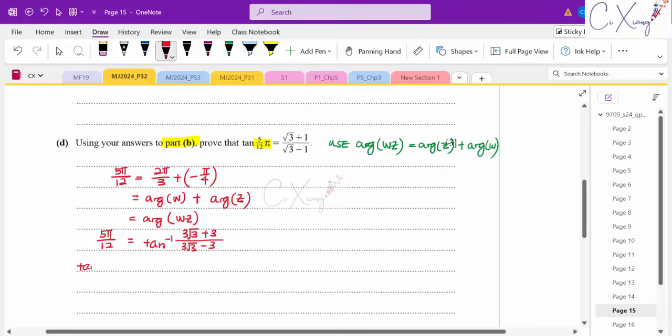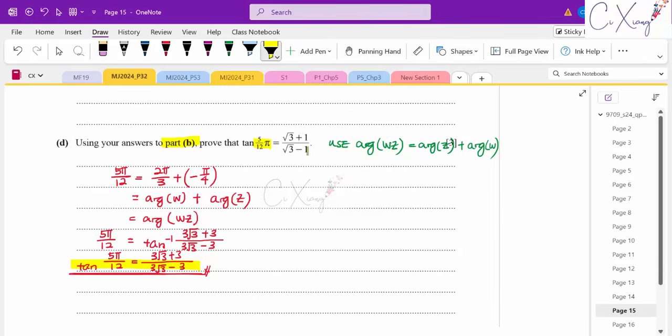So I think the answer is quite obvious now. If you bring the tangent inverse over, you'll have tangent 5 pi over 12 equals to 3 root 3 plus 3, divided by 3 root 3 minus 3. And if you have a look, you realize that something is different here. So you have to further simplify it.